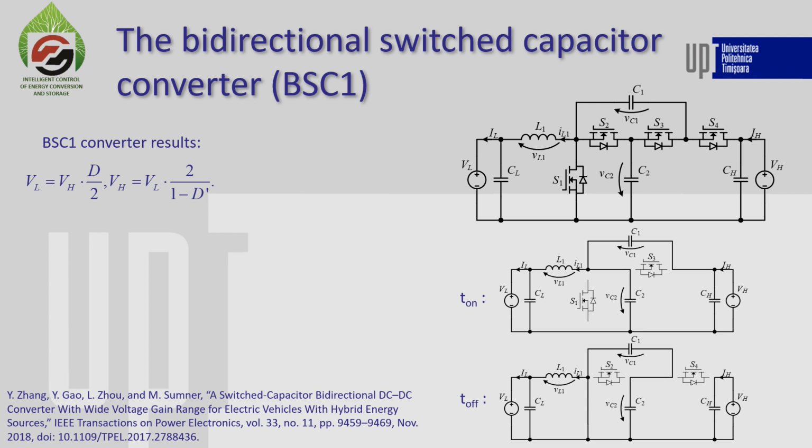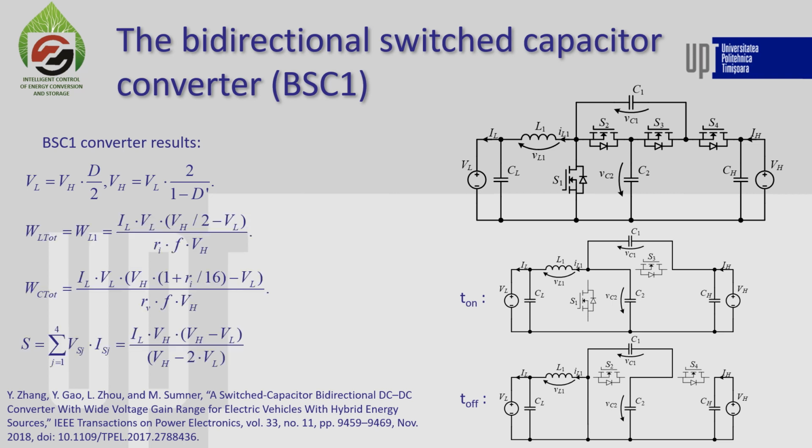Because of this operation, the conversion ratio is limited at 50%. So we have to also keep this in mind when operating the converter. And here it is important to mention that even if we calculated the performance indicators, they are not taking into account the current spikes which might occur when operating the switched capacitors.